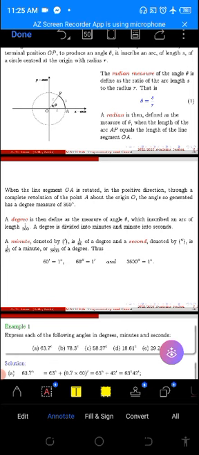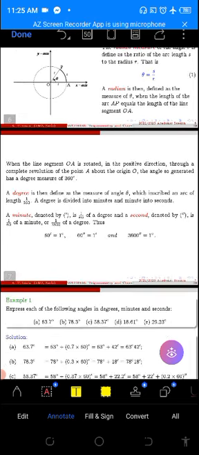A minute is denoted by a prime on top of the number, and is 1 over 60 of a degree.